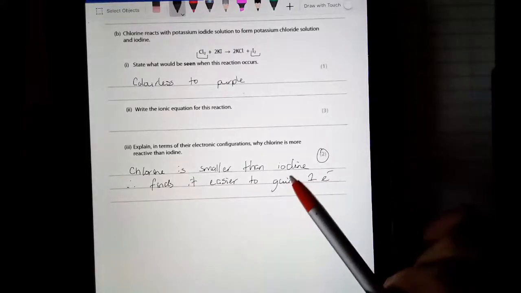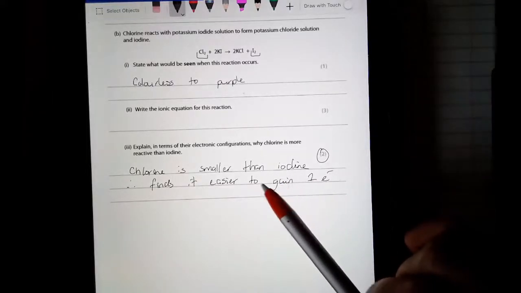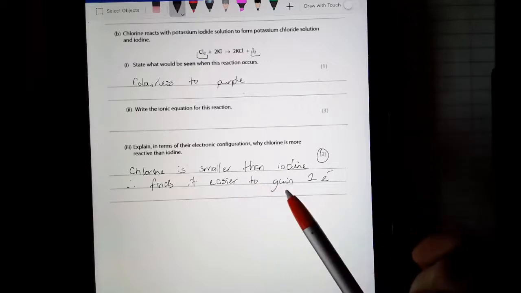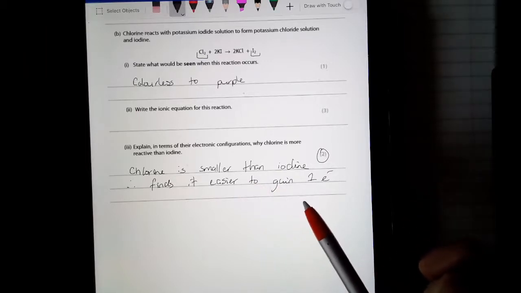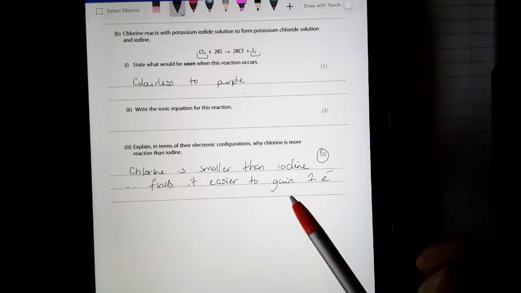So you need to tell me what it is that they're doing when they react. They need to gain an electron. Because chlorine is smaller, it finds it easier to gain an electron. The easier it finds it to gain an electron, the more reactive it's going to be.